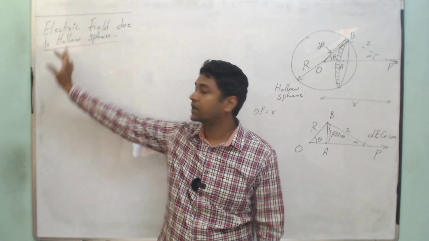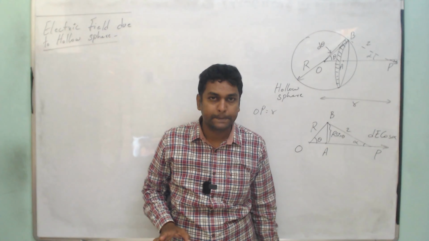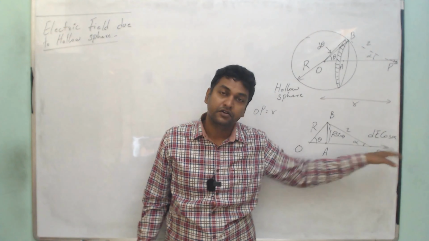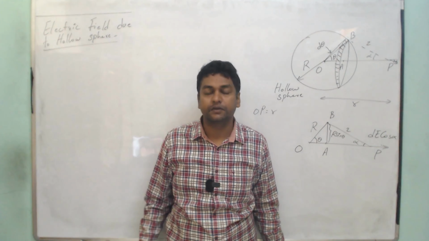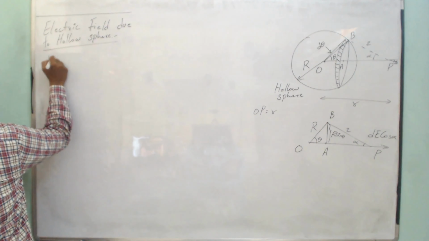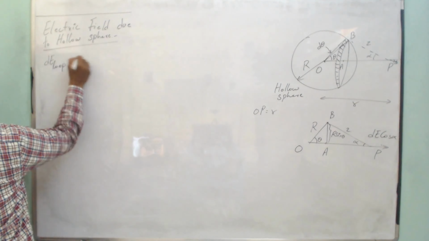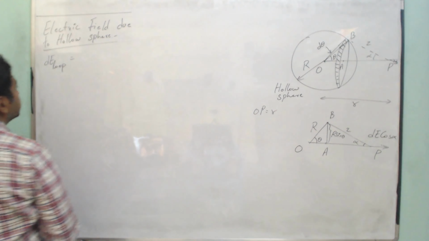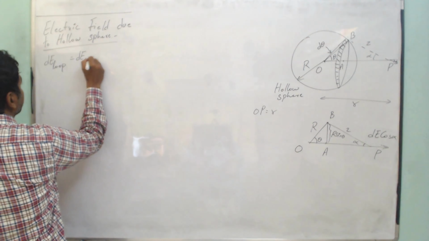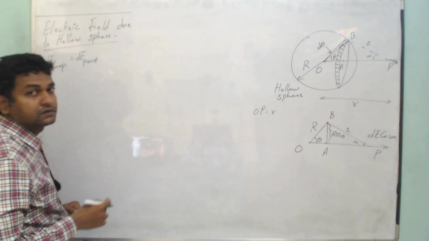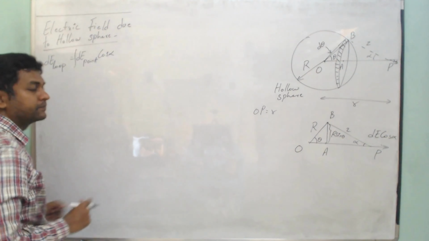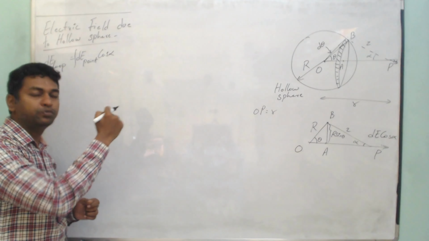So, for your understanding, first I will write that. What I am trying to present over here: my dE due to the entire loop is equal to the dE due to each point element, cos alpha, and integral of it due to each point on the loop.